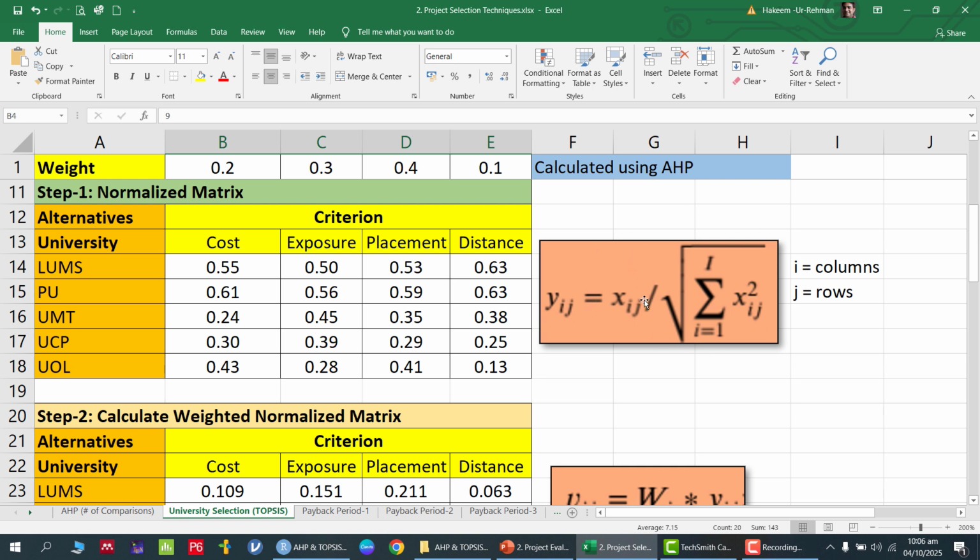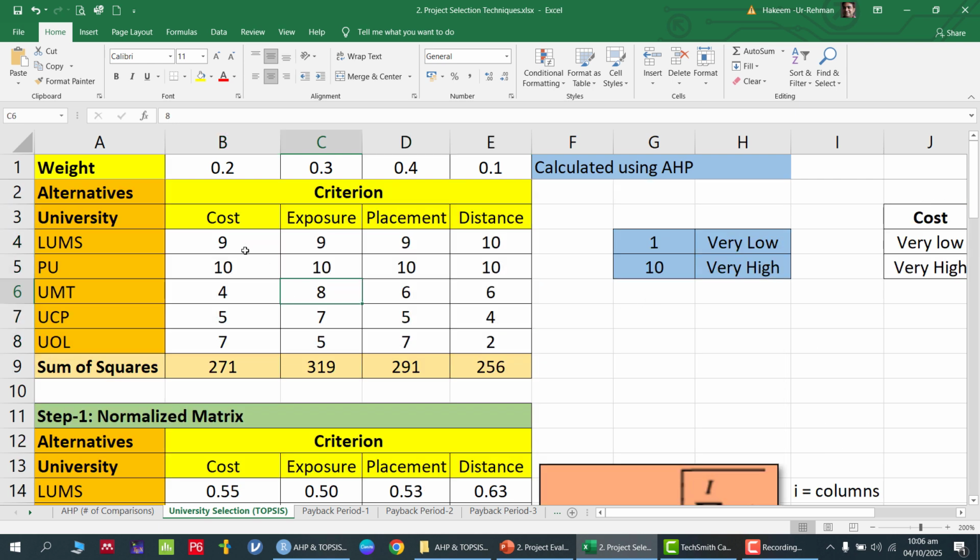It says that against every criteria, we take the square of this number, square of this number, square of this number, and then sum them up. One way is to take the square of each value and then sum it up.